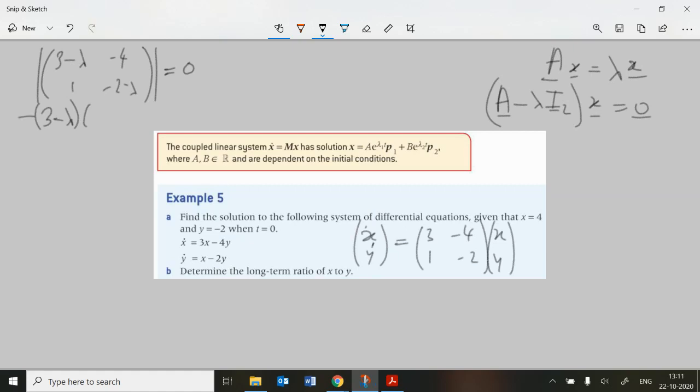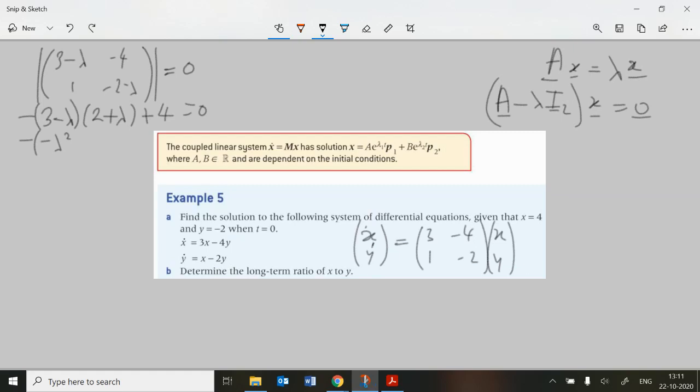Okay, so we've got this times minus, just take that minus out to the front. We've got 2 plus lambda there, and then minus these two times together, so that's plus 4 equals 0. That gives us minus, and we've got minus lambda squared, and then 3 times 2 gives us 6.